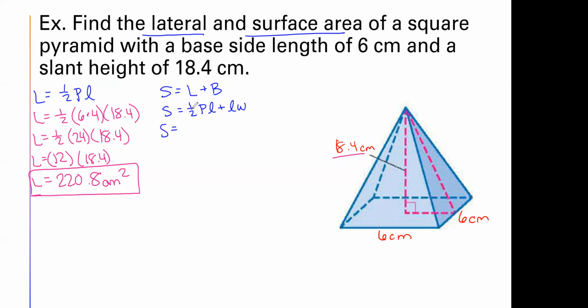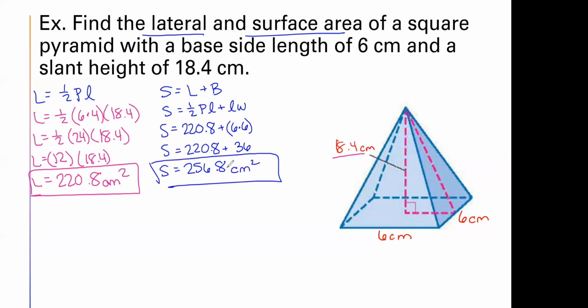We already found the lateral area, so there's no sense in doing the work twice. I'm just going to plug in what we found, and the length of the square base would be 6, and the width is also 6. So this would be 220 8/10 plus 36, because 6 times 6 is 36. I add that together, and I get 256 8/10 centimeters squared.